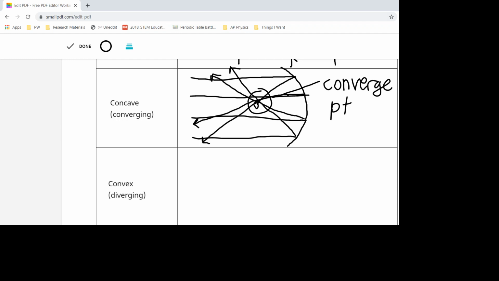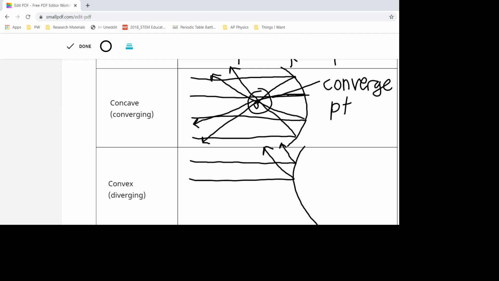Okay, so now we also have what's called a convex or a diverging type of mirror, and this is the type of mirror that looks like the outside of a bowl or a spoon, and this is one where the light ray hits it and then just decides that it's going to go back in opposite directions.